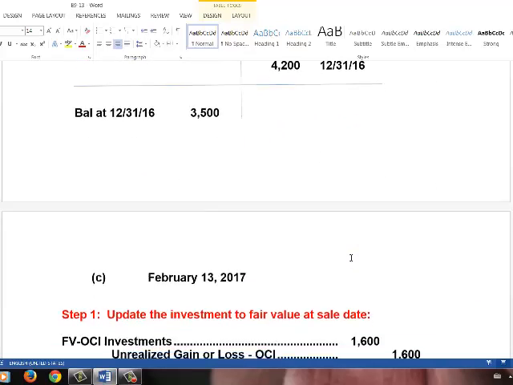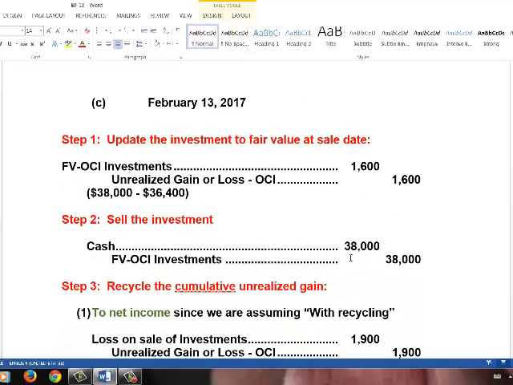So that's a $1,600 difference. So you're going to debit the investment to bring it from $36,400 to $38,000. You're going to debit it to increase it, and credit the holding gain or loss going through OCI of $1,600 to bring it up there. So now it's sitting at $38,000. So take your cash and dump your investment. That's your second entry. You're going to sell the investment.